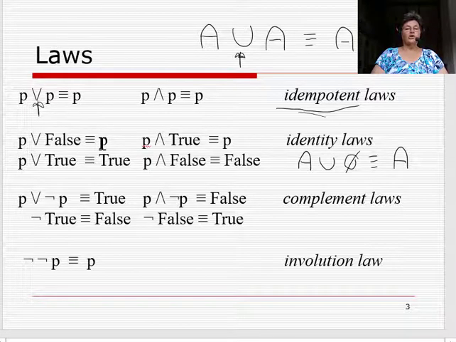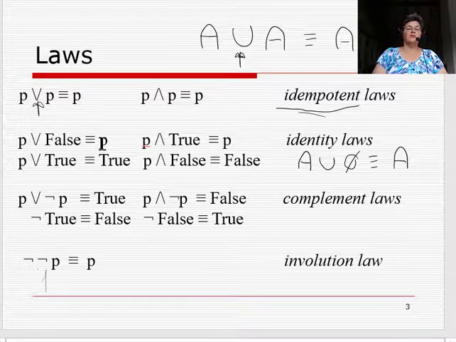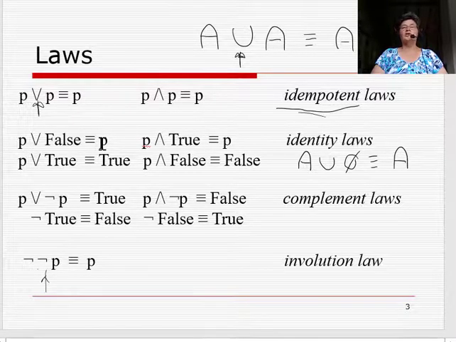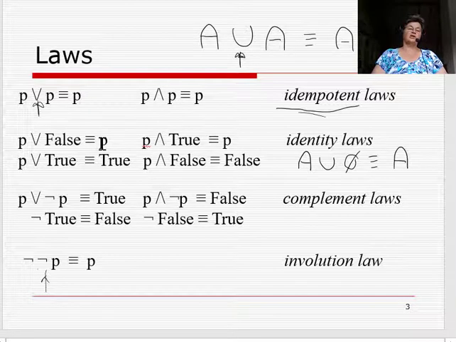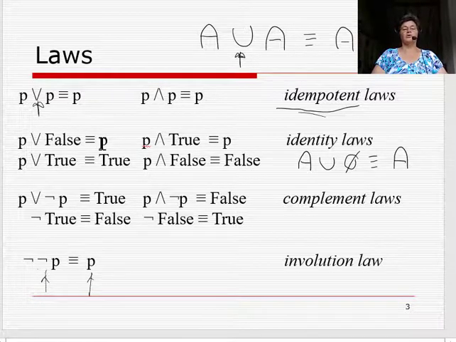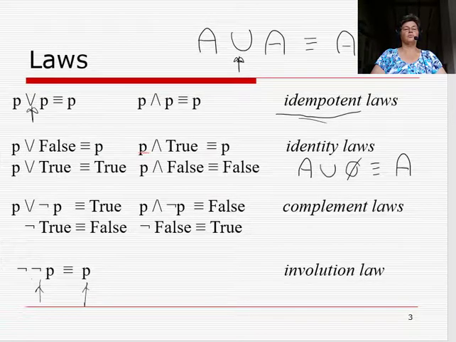P and not P, so it's raining and it's not raining. Then I'm really talking gibberish, so that's equivalent with false. And then the simplest one, not not P, is of course again equivalent with P itself. The involution law, in a more expensive word.